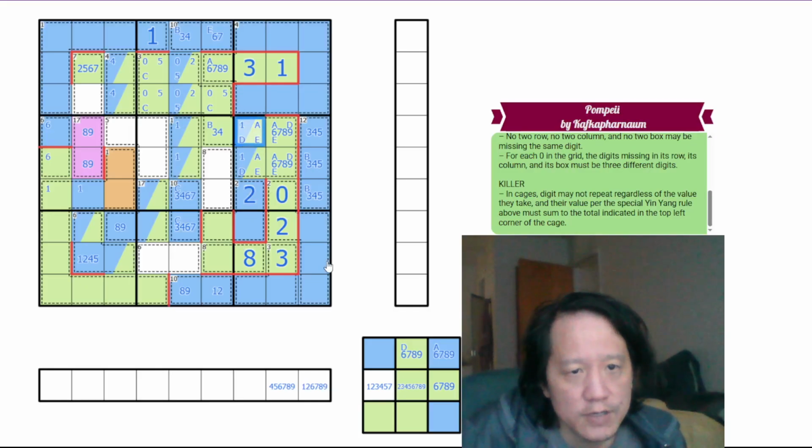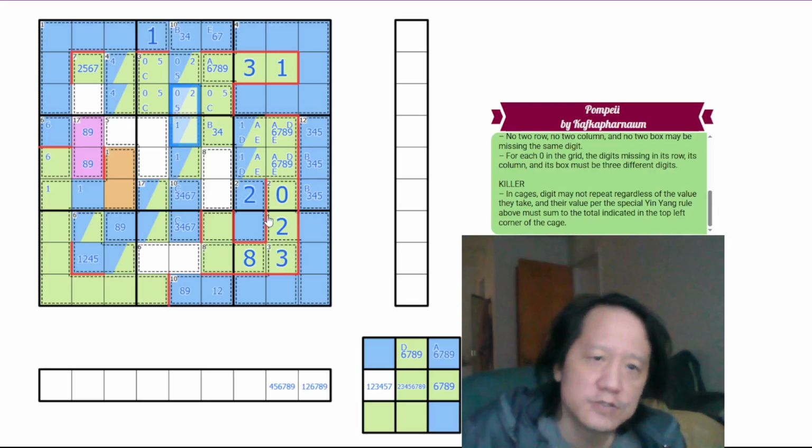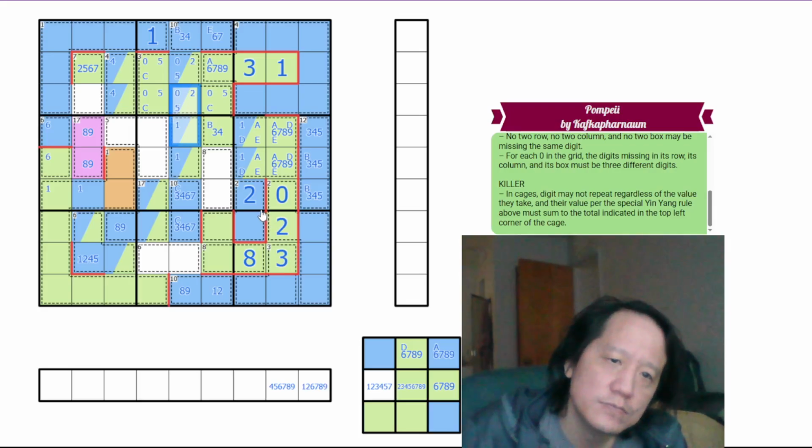So we don't have a stuck there. One of these obviously is a blue.